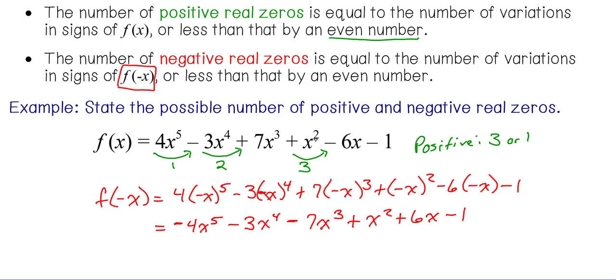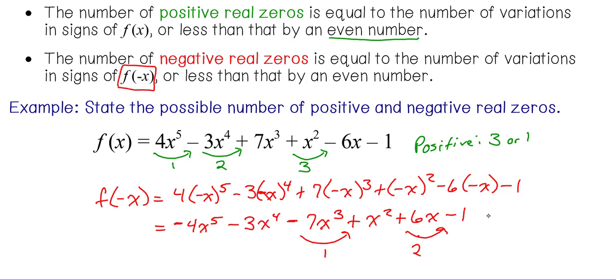So now we're going to do the same thing. We're going to count the variations. So there's no change in this first one. They're both negative. The second to the 3rd term are both negative, and we don't see a change until we go from the 3rd to the 4th term. We have a negative to a positive. There's not a change in x squared to 6x, and there is one more change here.